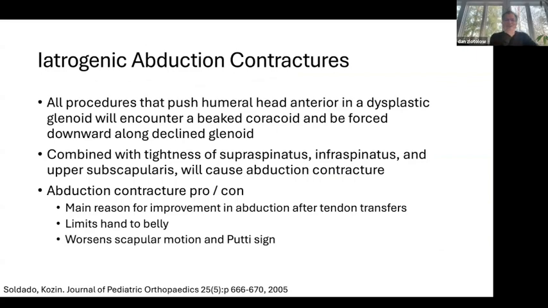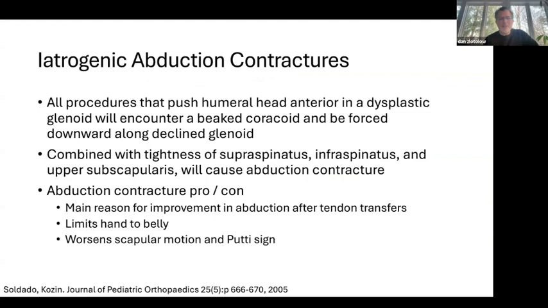So, generally speaking, all procedures that push the humeral head anterior in a dysplastic glenoid will encounter the beaked coracoid and be forced downward along the declined glenoid. So Chesko showed us that the coracoid is in the way, and Roger showed us that the declined glenoid forces the head down with reduction.